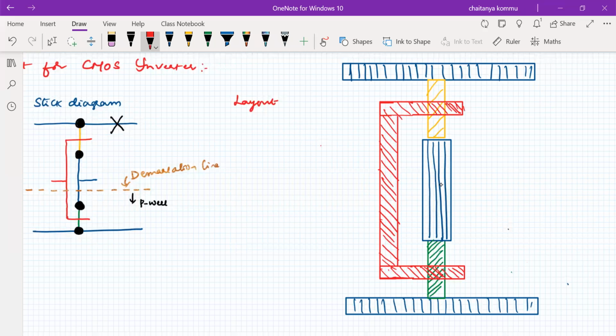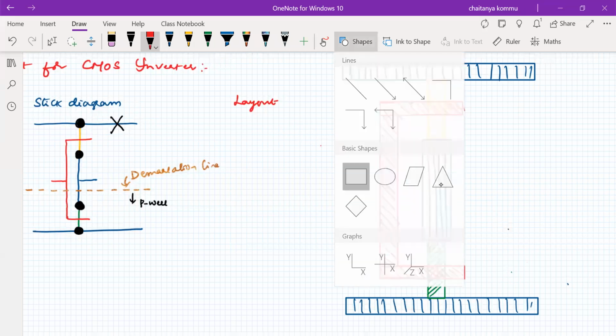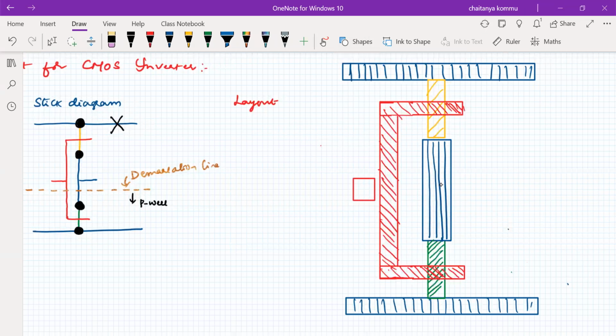So extend this one as an input. Extend this metal as well. So this is also VA and V output.